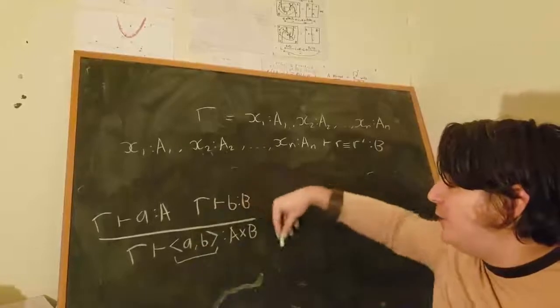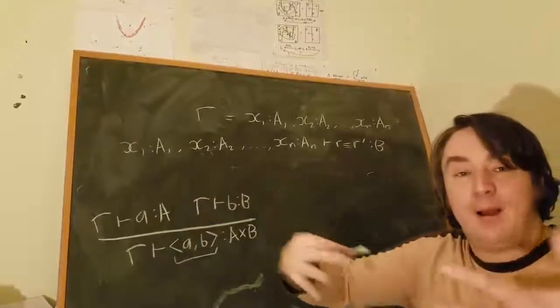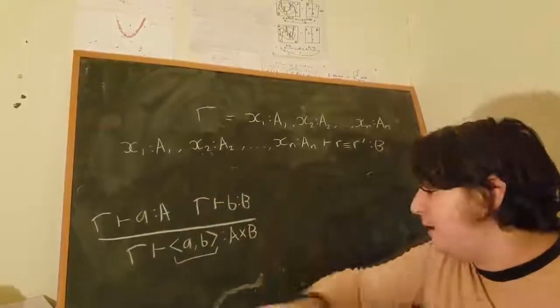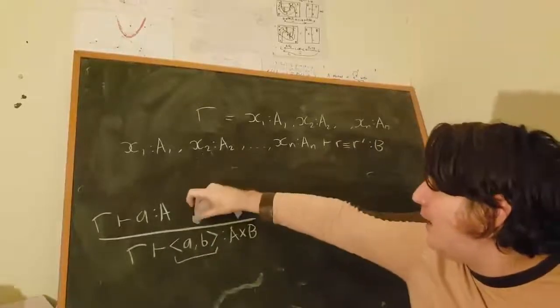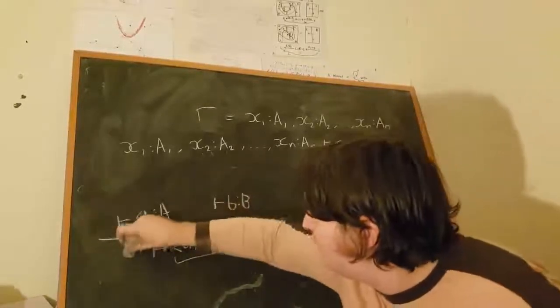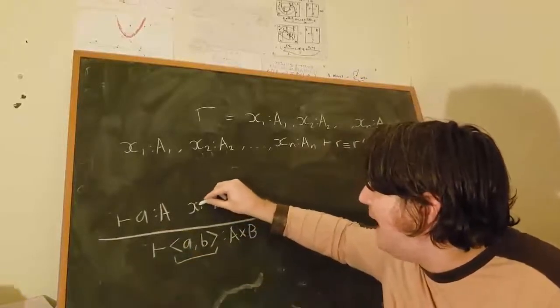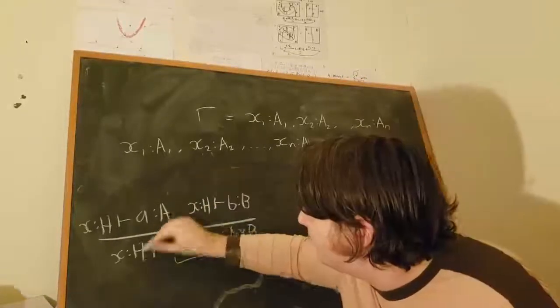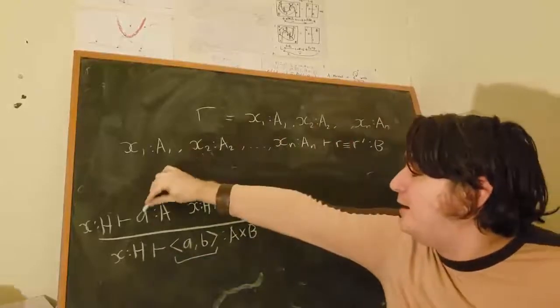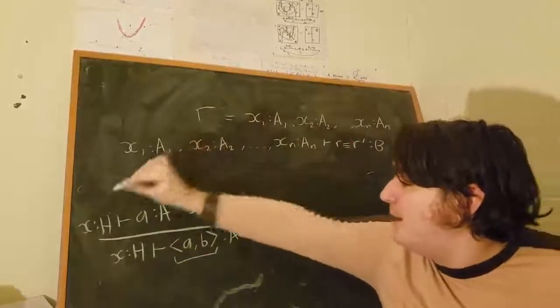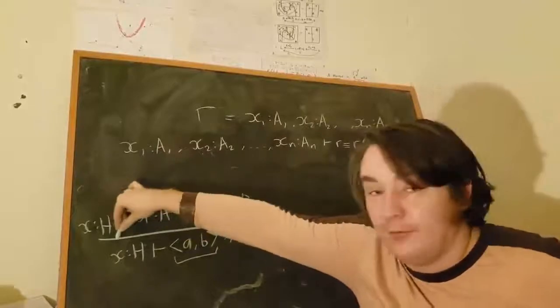So let me just give you a quick example of how we can think about this kind of thing in terms of category theory. We can just pick some context gamma to use. So maybe we say in the context where we have a variable x of type H. And now what does it mean to say that we have a term a which might depend upon this variable x of type H?